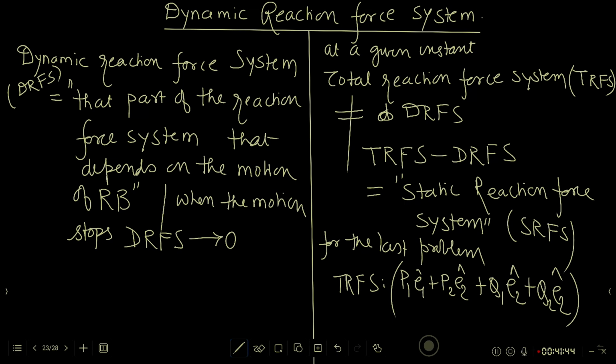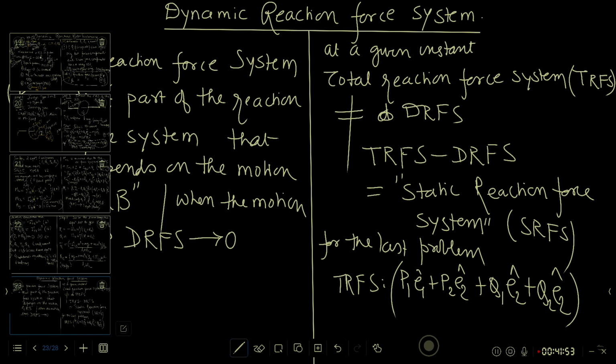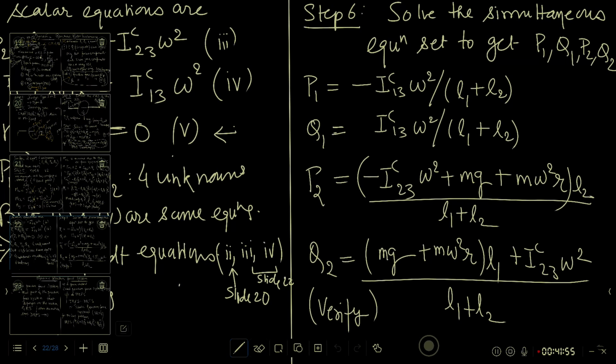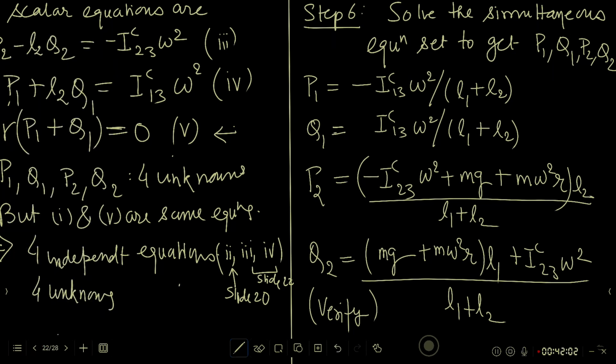What is the DRFS? To identify what is DRFS, you have to look at this solution. Look at P1. What will happen to P1 if the motion is stopped? Motion of what? Motion of RB is stopped. What is representing motion in this expression? Motion is being represented by omega.